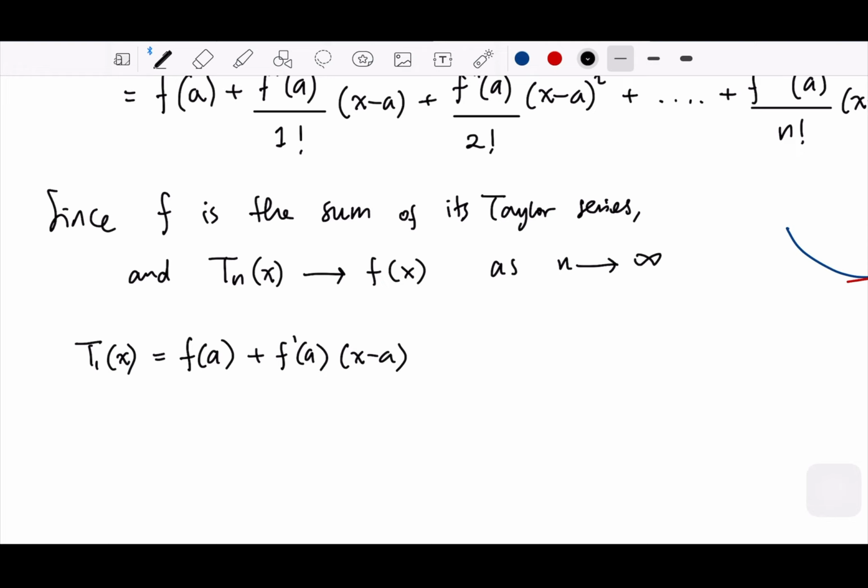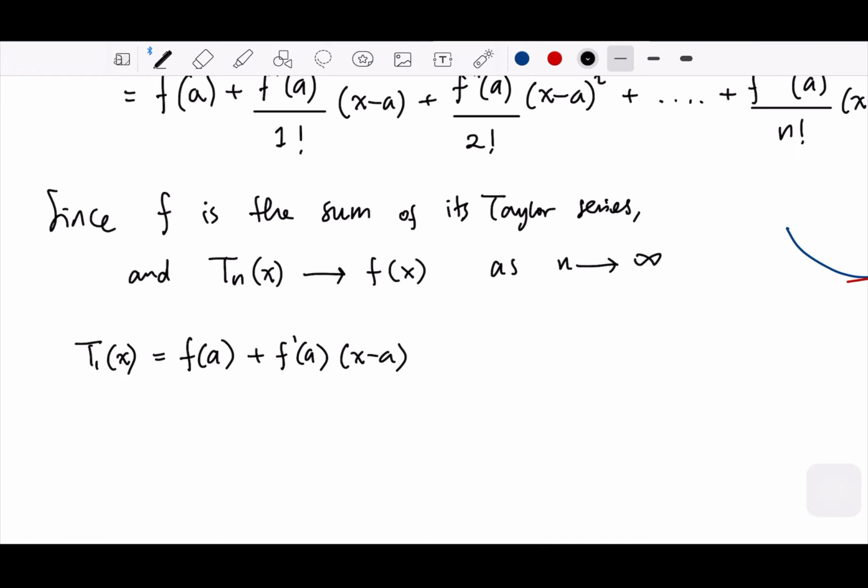So actually, if you think in general, the Taylor series is much more general. You can use it for more polynomials, for higher degrees of polynomials. Linearization is just one part of the Taylor series.